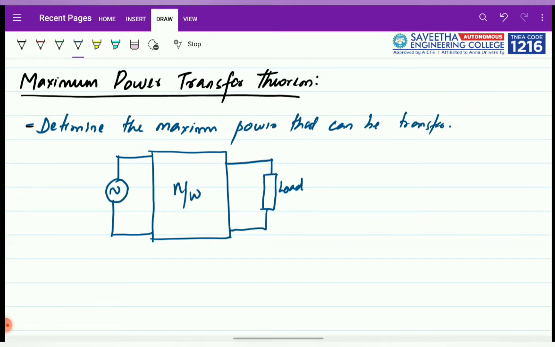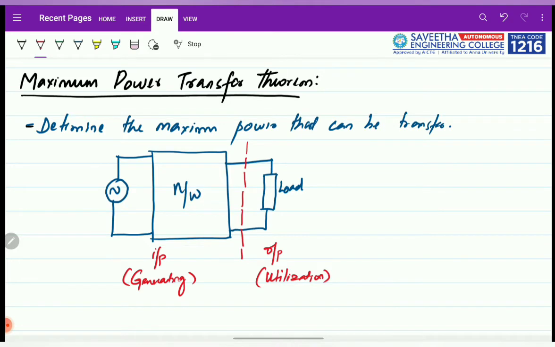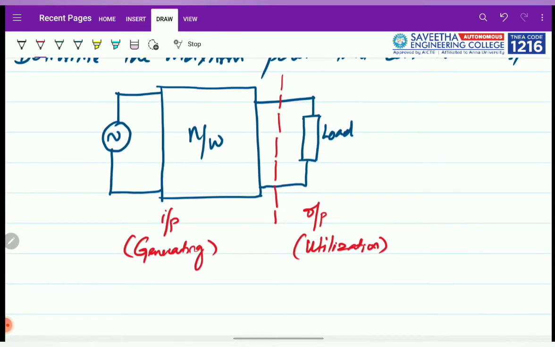So there is an energy transfer taking place between these two. We can divide this into two areas. One is the input side, which is called the generating side, and this is the utilization, where the power is utilized.